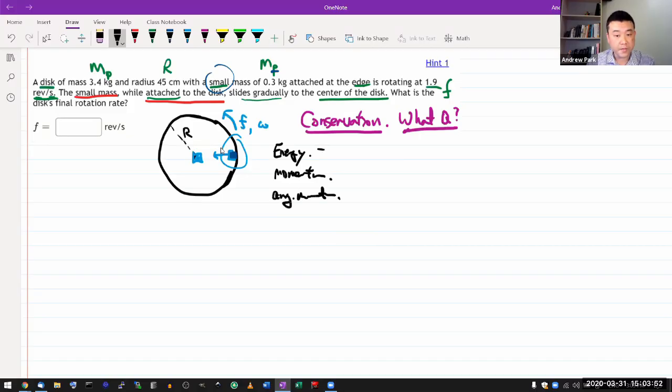For energy, what you need to be able to say is that there is no work by a non-conservative force. In this particular setup, I think that's difficult to guarantee because the small mass is sliding inward.